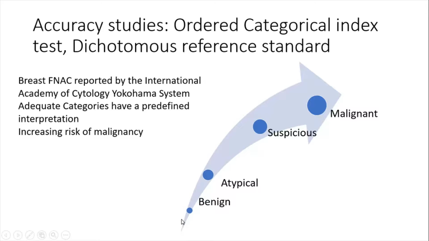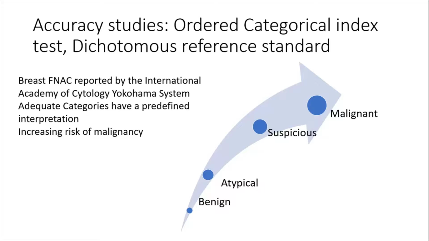And from benign to atypical to suspicious to malignant, all these categories carry a specific meaning. They actually show increasing risk of malignancy. So these are ordered categorical reports.